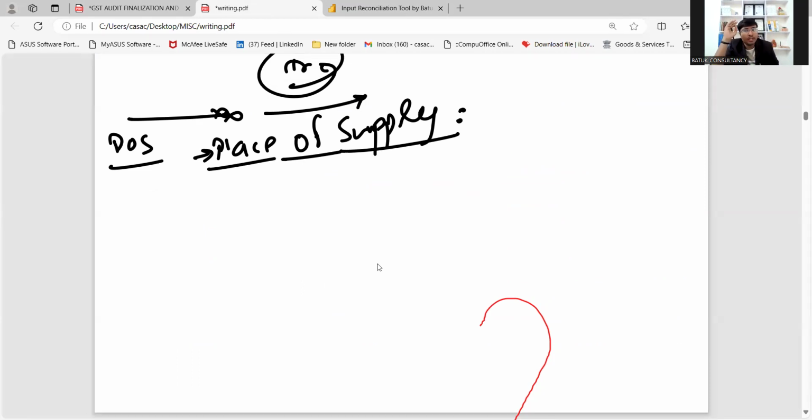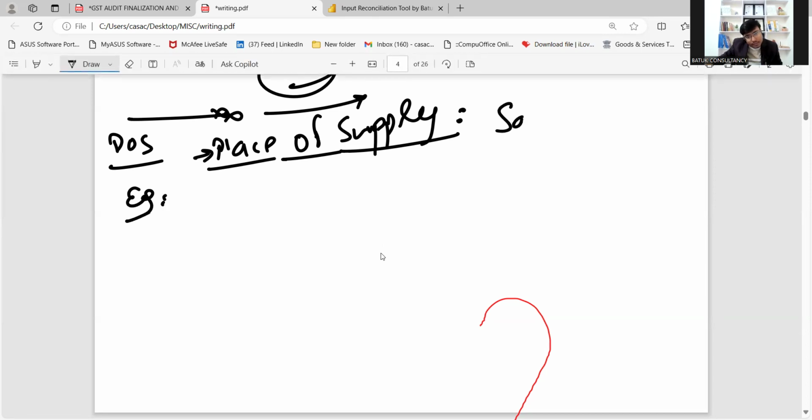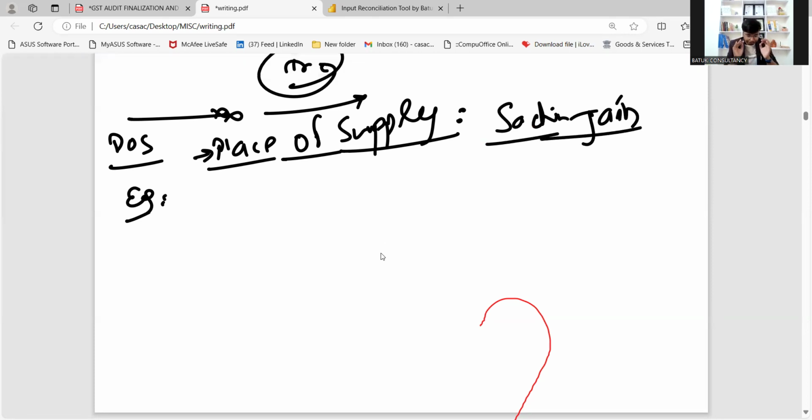Suppose I am just going to share one example with you, and after that we'll discuss the concept. Suppose you are doing the audit of Sachin Jain. Okay, now you are checking my books of accounts and my GST returns. At that time suppose I have provided one specific service, a consultancy related service.